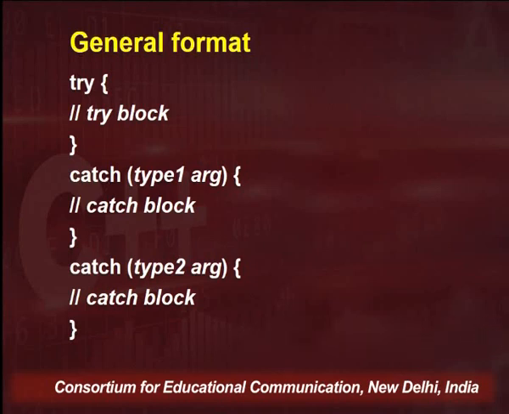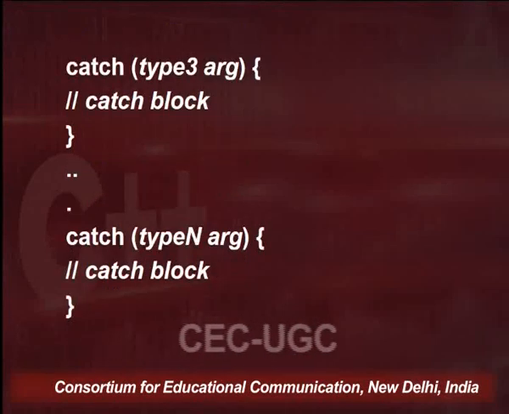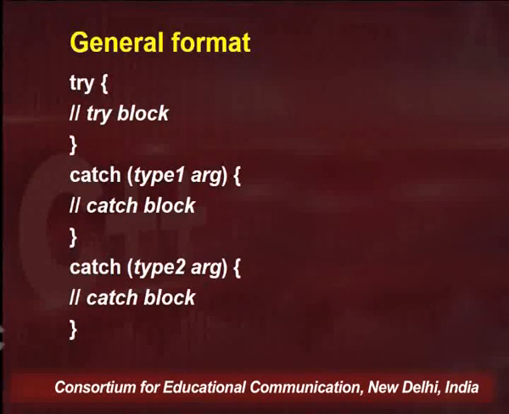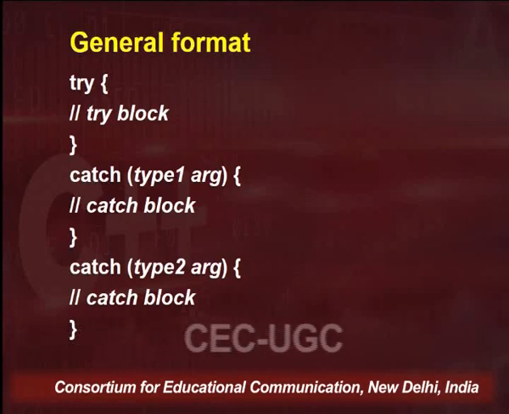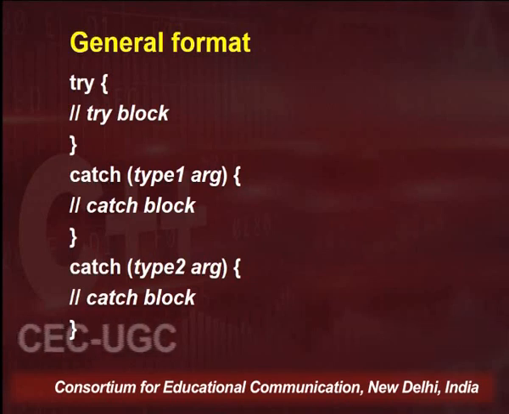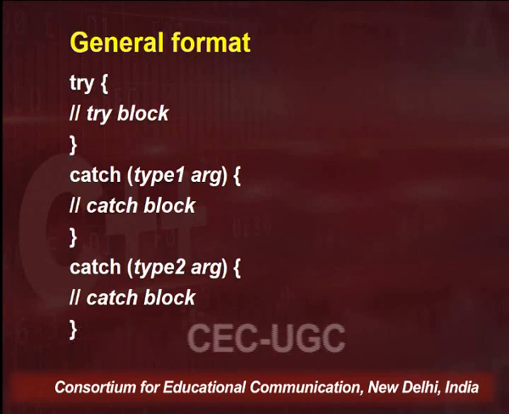We can have multiple catch blocks, and which catch block is executed, whether the first, the second, the third or the nth, depends on the type of exception which is thrown. If the type of exception thrown matches the parameter of the first catch block, that will be executed.